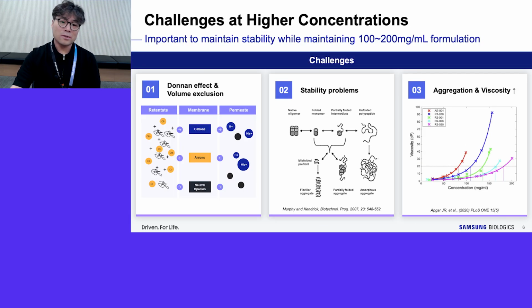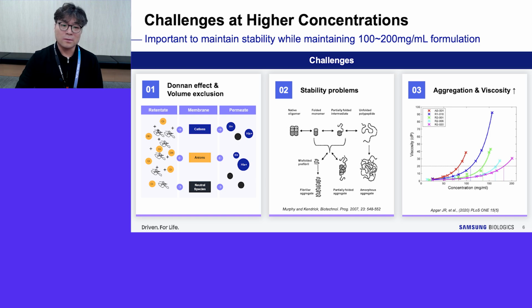But high concentration, like over 100 mg per ml, is not easy due to challenges like pH shift issue due to Donnan effect and instability issues during thermal or physical stress studies. For example, aggregation formation, haze appearance, and visible particle issues. These issues can occur more at high concentration because of solubility and hydrophobicity.